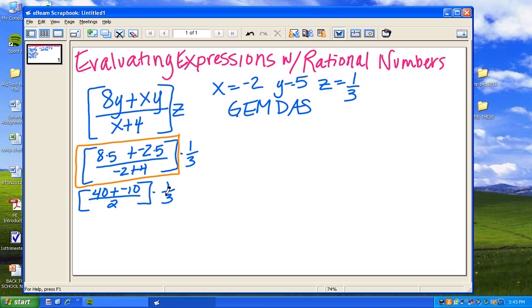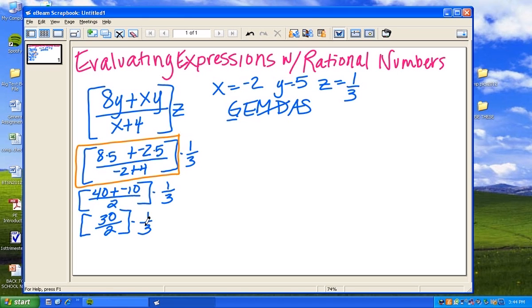And I'm going to keep going. I'm doing my grouping symbols right now, but inside my grouping symbols, I did my multiplication and my division piece, and now I'm working on my adding and subtracting piece. So 40 plus -10 is a +30, divided by that 2, times my 1/3. Still have something left in my grouping symbol to deal with.